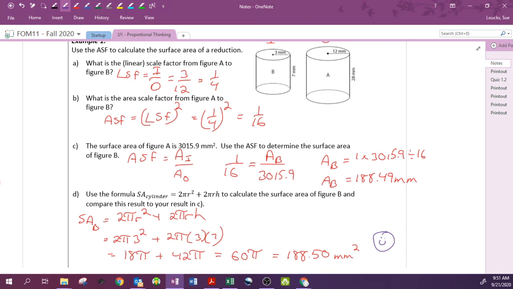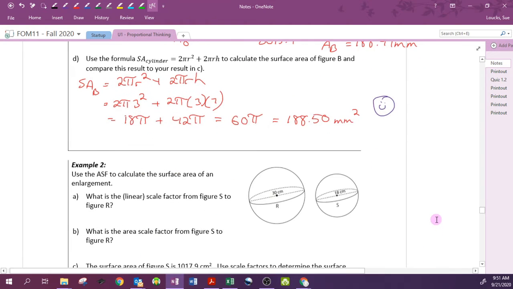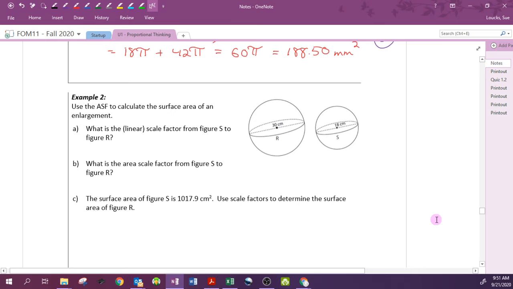Okay. All right, let's do another example. Use the area scale factor to calculate the surface area of an enlargement. So we're just going to work this the other way, but the process is going to be exactly the same. Scale is image over original. Figure S is the original and figure R is the image.